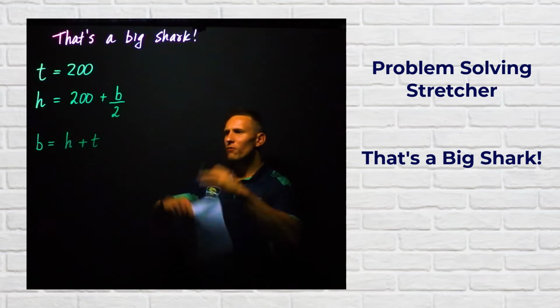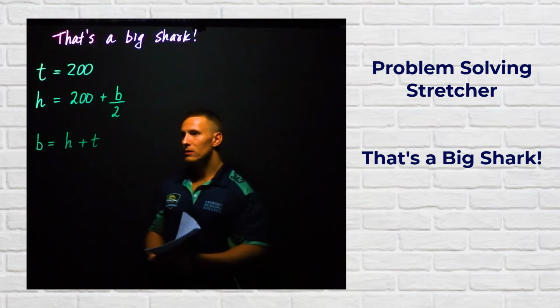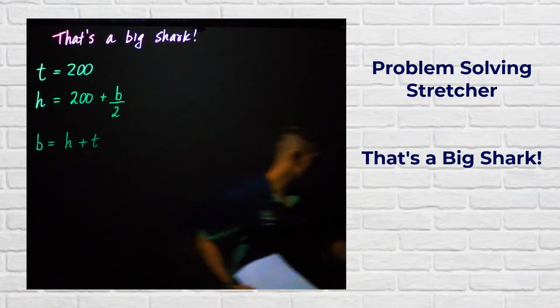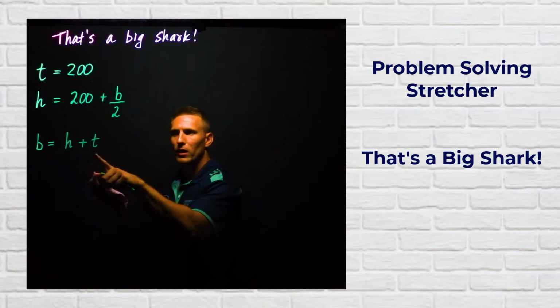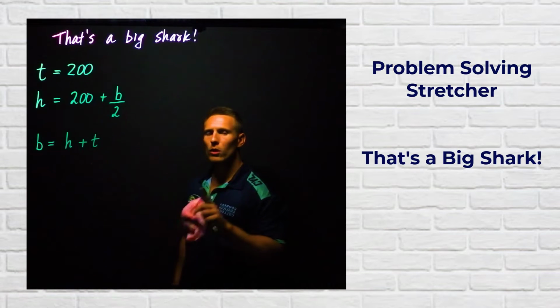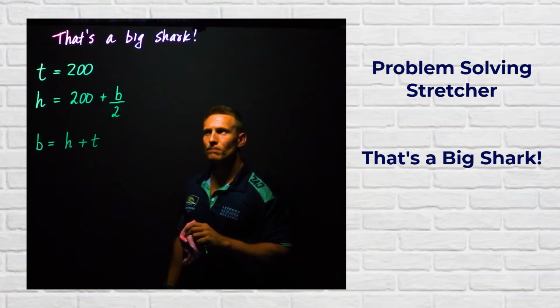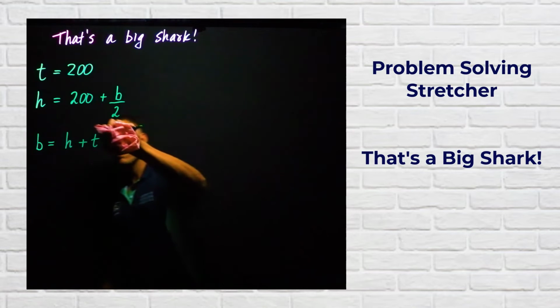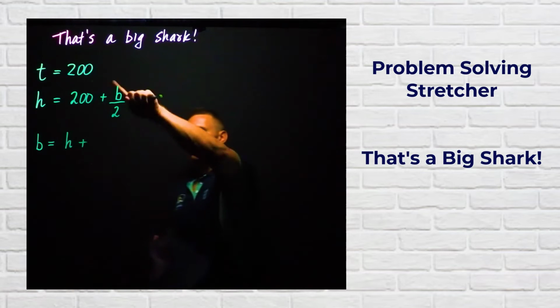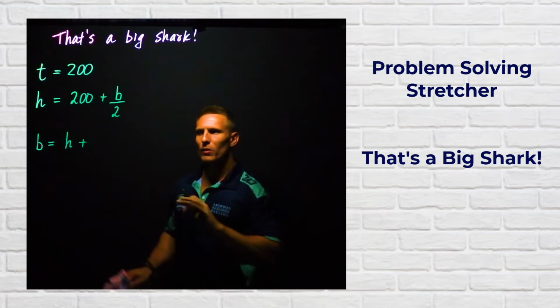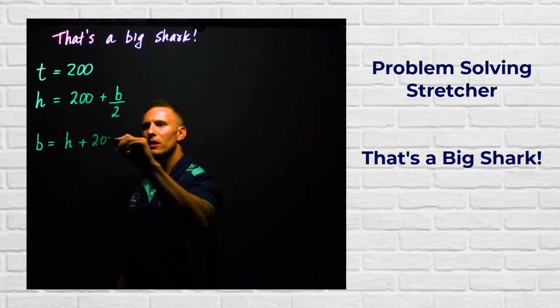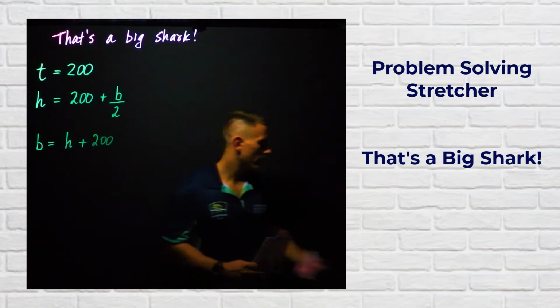Alright, so we've got a few things set up here in place, and I'm going to change this particular variable here. Now I'm going to take out the t, and what am I going to put in place of it? Have a think. We're told that t is equal to 200. So instead of having variables in there where we don't need them, we can put their numbers in place if we know them, okay?